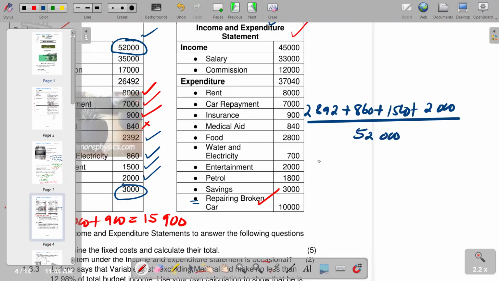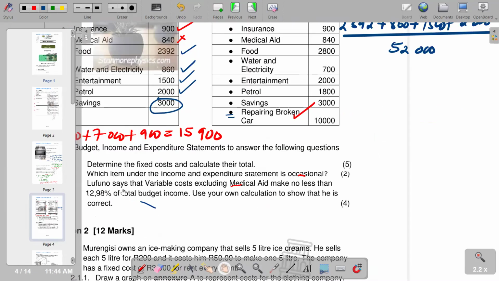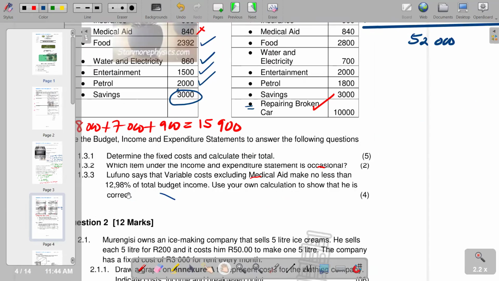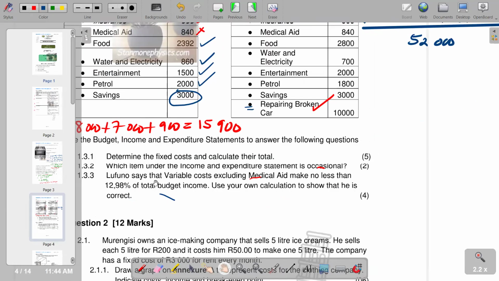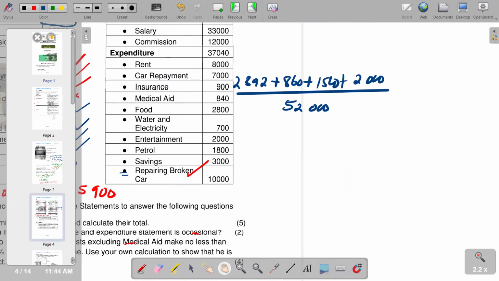So we divide, and in our calculation, we have to express it as a percentage to check if it's not less than 12.98. So we multiply by 100 over 1. We express it as a percentage. So we can just try to calculate and see what you get.